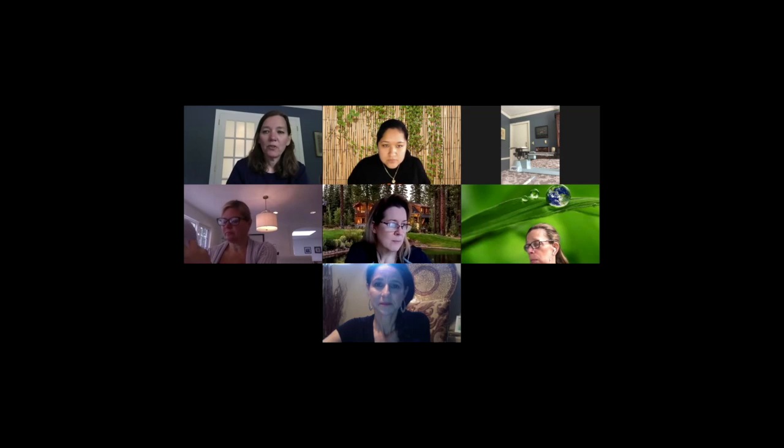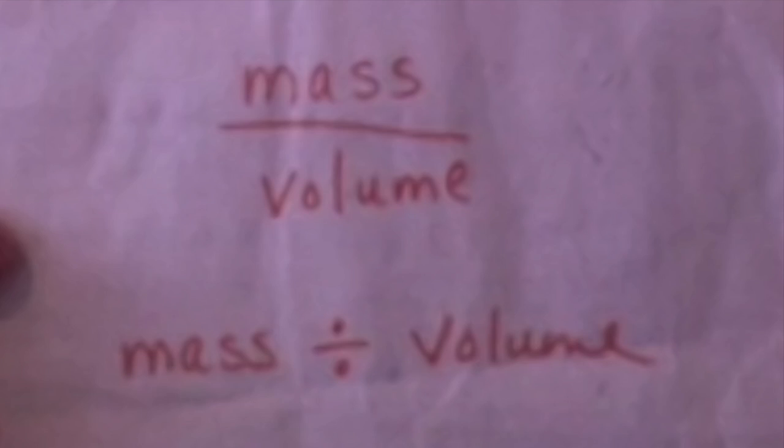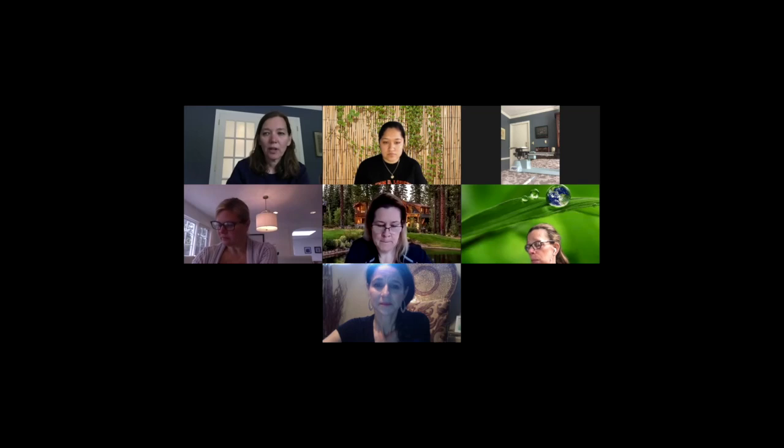Compare the value you found for the density that you calculated. Density, again, is mass divided by volume. You're allowed to use your calculator and round it off to the nearest tenth. So you're going to compare the value you found for density with the given value in the chart to identify which cube is made out of which material.